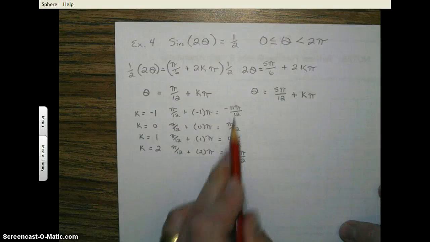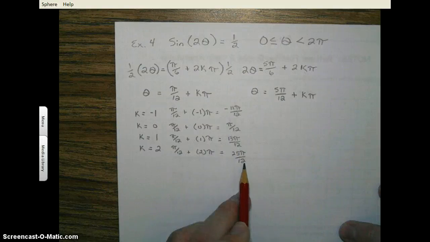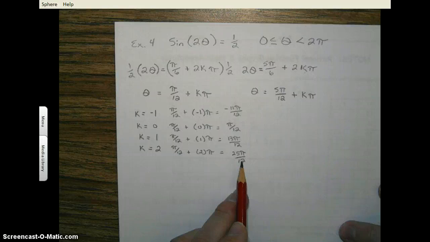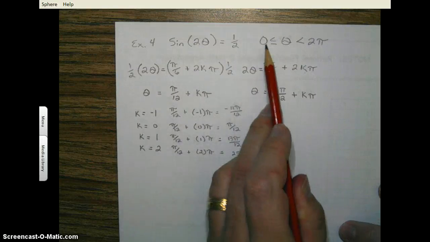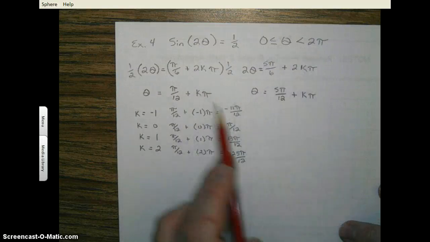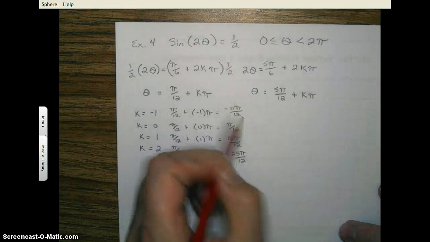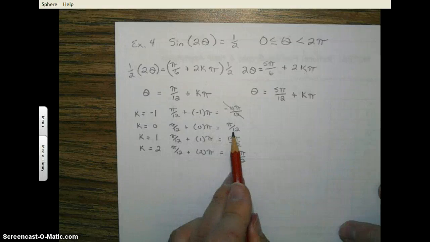Now, not all of these solutions answer this problem, because remember, our restriction is from 0 to 2 pi. So does this fall within that restriction? No. Does this fall within that restriction? Yes.